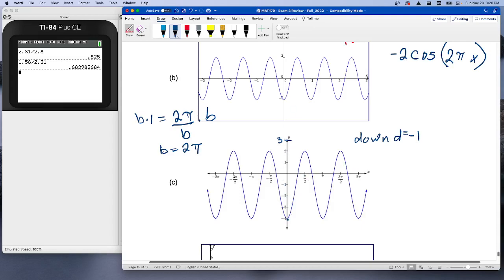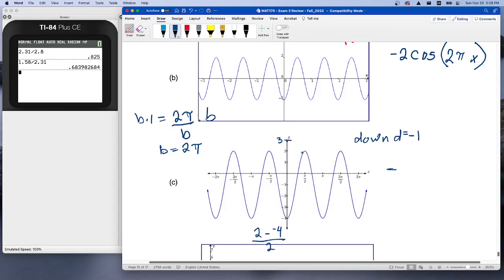Again, just like the last one, it's starting down low. So I'm going to do this as a cosine, and I'm going to do it as a negative cosine because cosine typically starts high. So I'm going to write this function as negative cosine. What would be the amplitude? Well, amplitude, you could say, is going to be 2 subtract negative 4 all over 2.